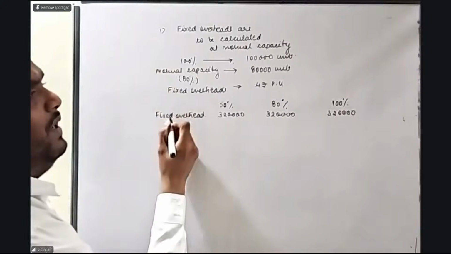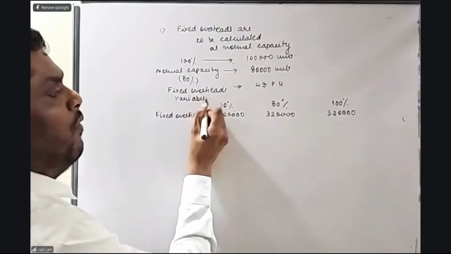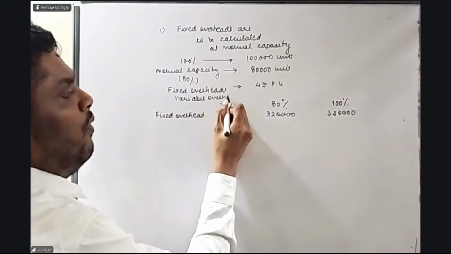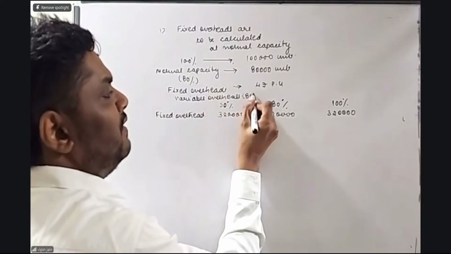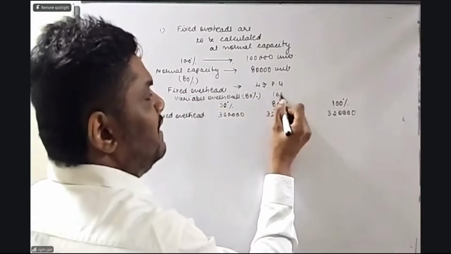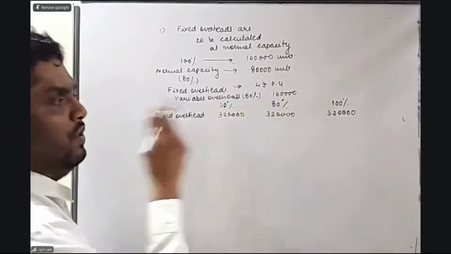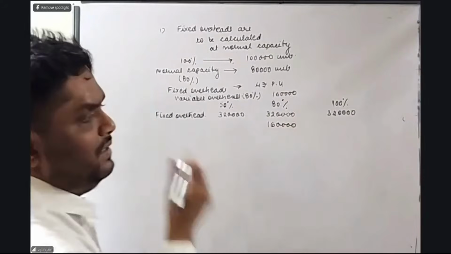Let's say variable overheads are also given. At 80% capacity, let's say 1,60,000.